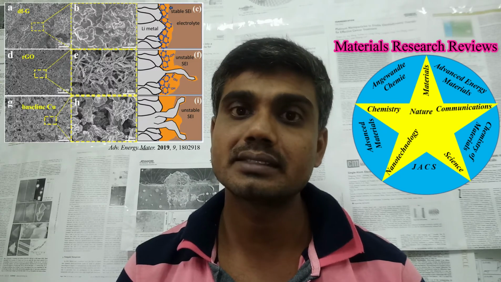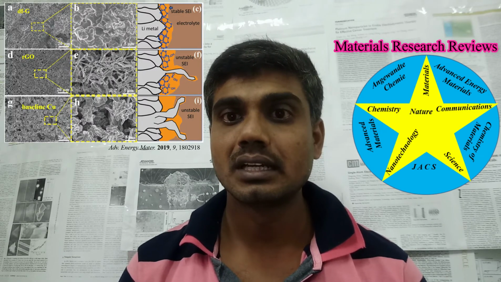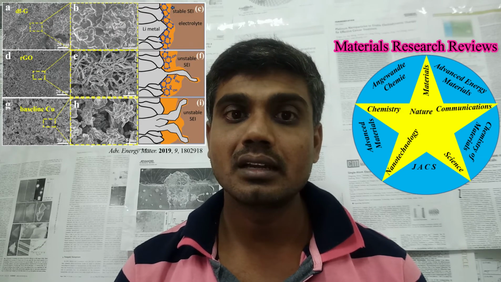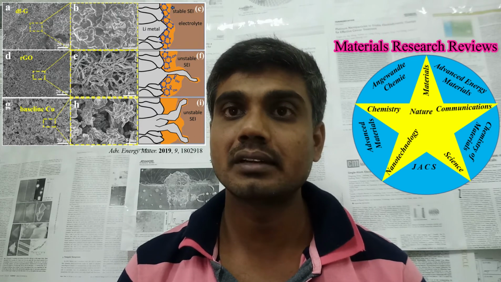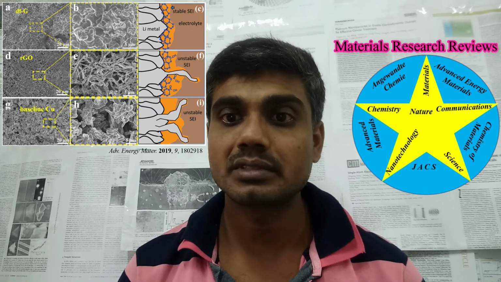They took SEM. Here they said the lithium metal surface with defect free graphene is highly stable. In the case of reduced graphene oxide, it is stable but not that stable.